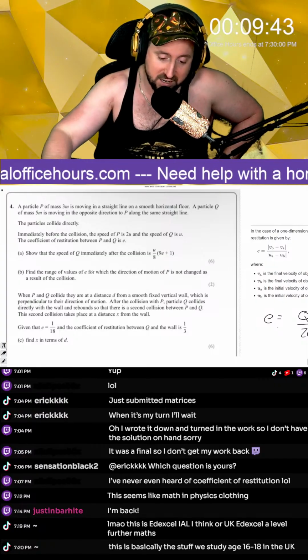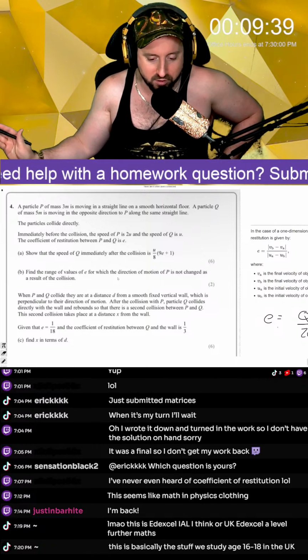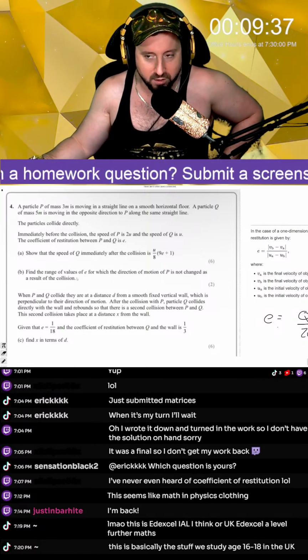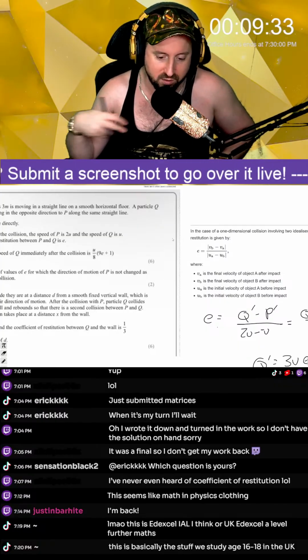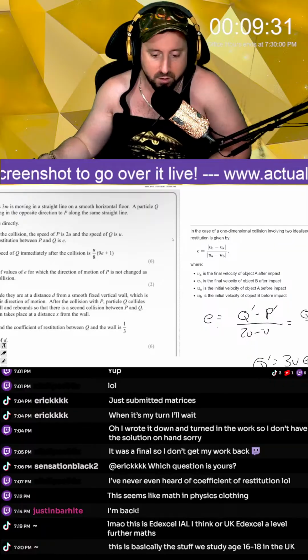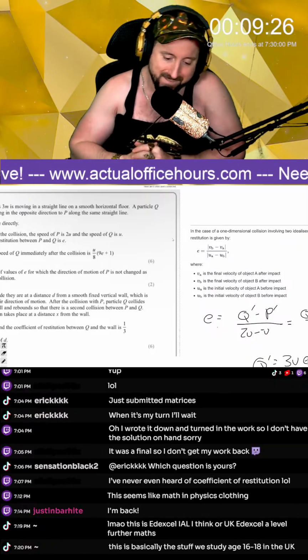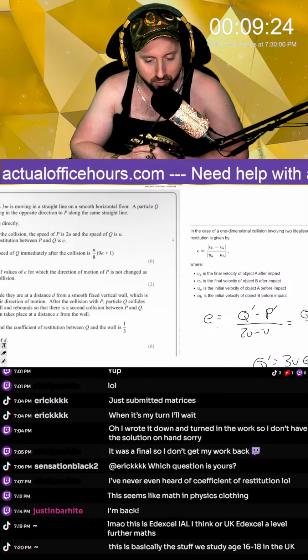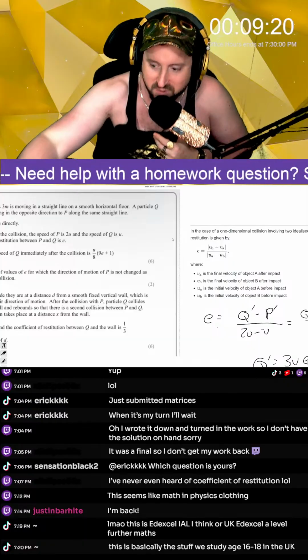You study this at age 16 to 18? Wow. That's pretty advanced. We just don't deal with coefficient of restitution. It is not an American physics thing. I understand why you use it. It's for collisions, it's cool to talk about the ratio of the relative velocities. So is it kind of the velocity of the center of mass almost?